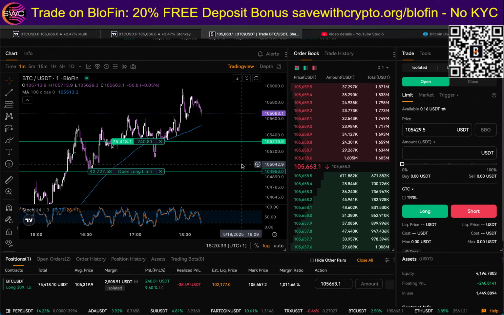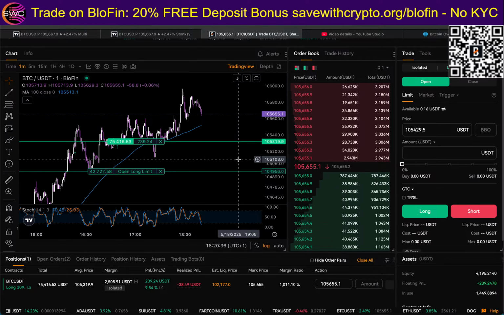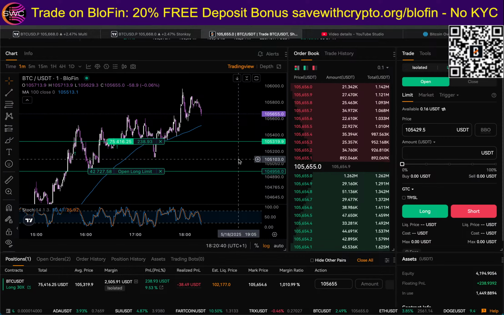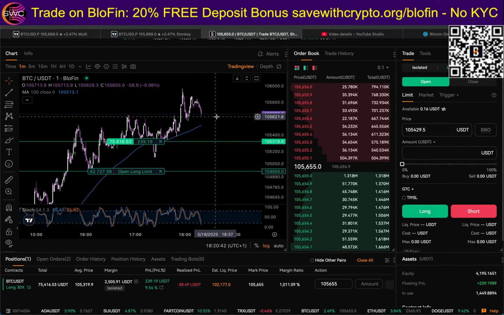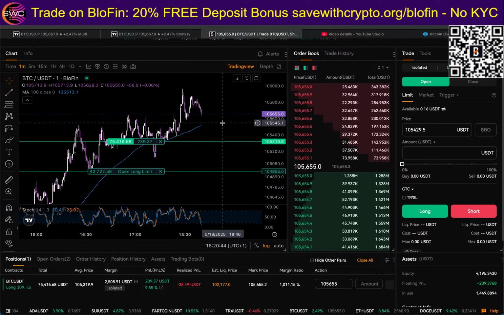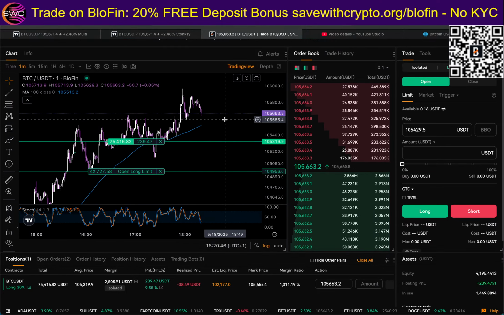So at the moment, I'm not sure, actually. If I see a reasonable profit on this, I might just close it and then look for another entry. What I really want to see is a big pullback, so I can go quite heavy. But I just don't know if that's going to happen at the moment.